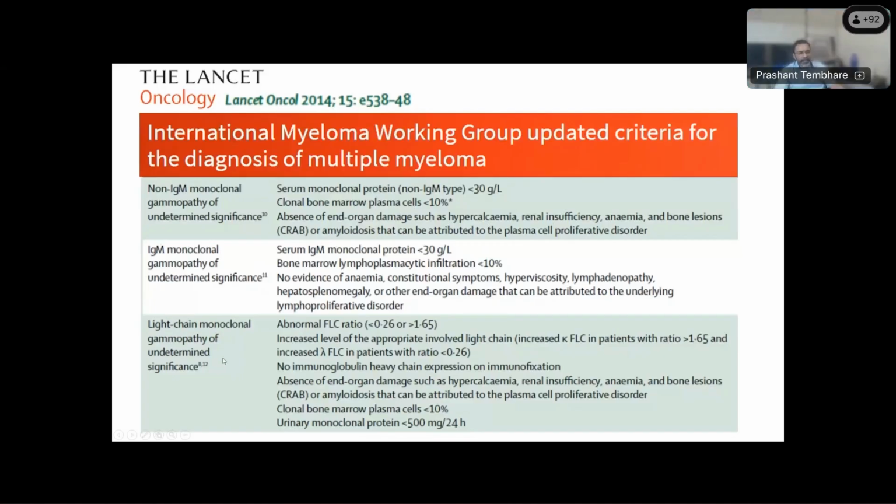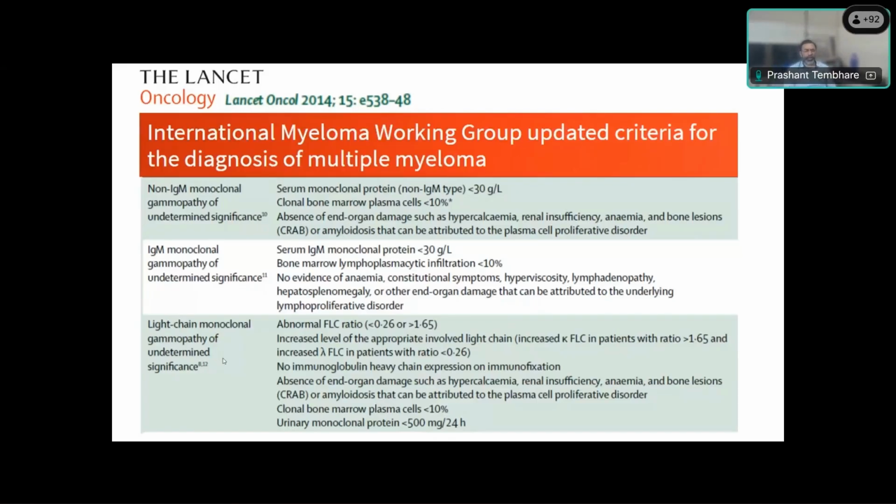And then the third category is light chain MGUS. Because we know that myeloma can also be defined as light chain myeloma. Sometimes a myeloma patient presents without M protein or with a very low level of M protein, and approximately 15 to 20% of patients can present with light chain myeloma.